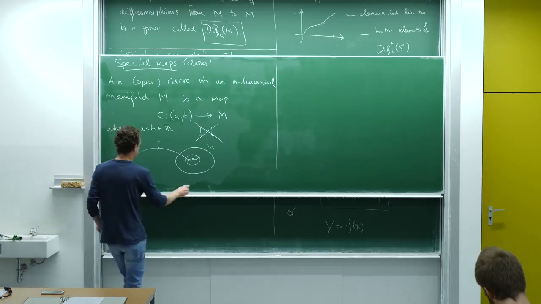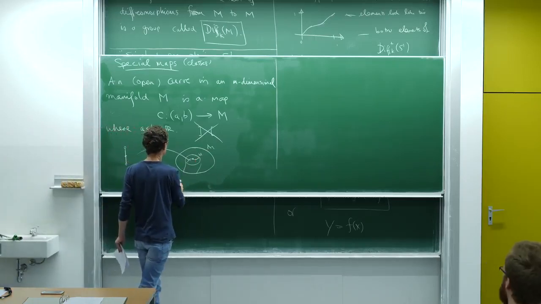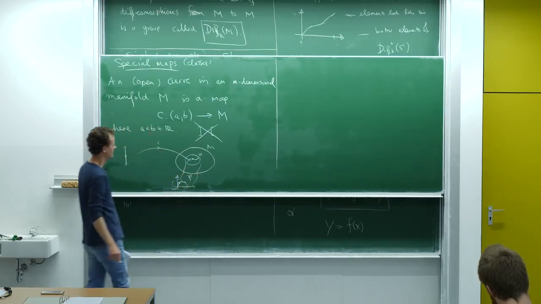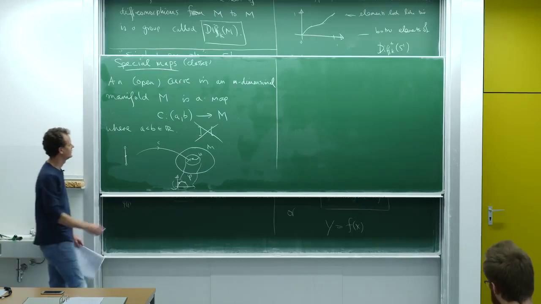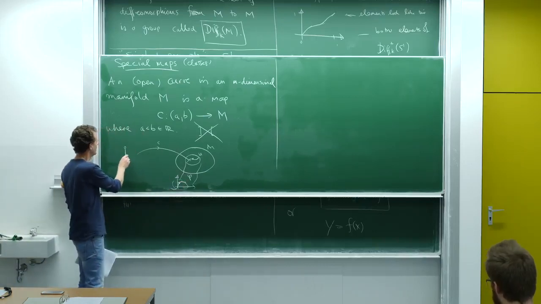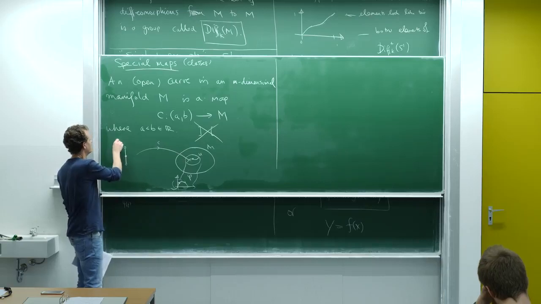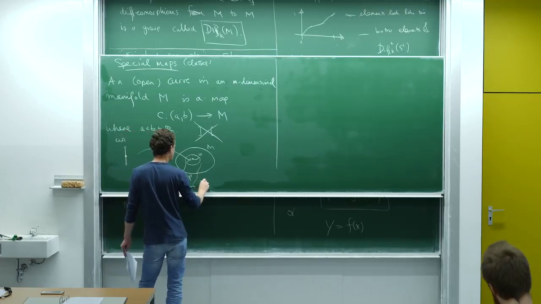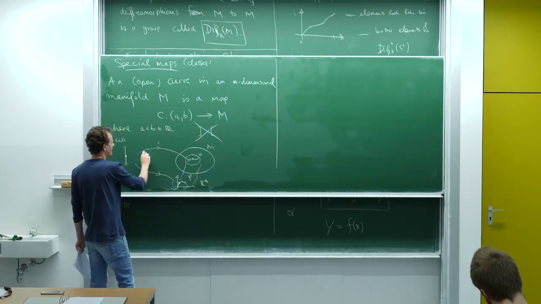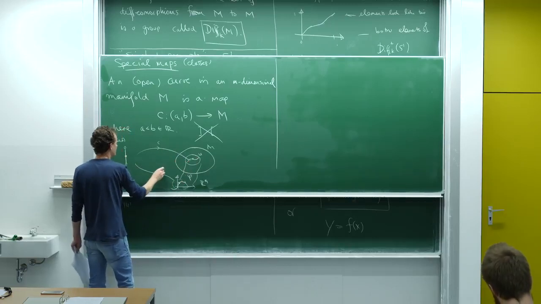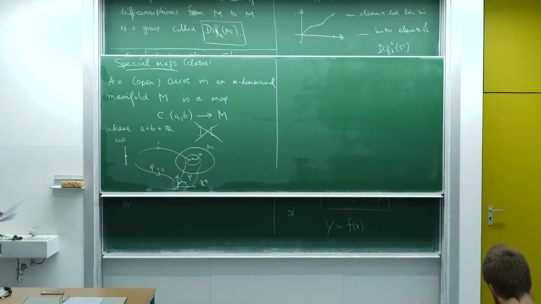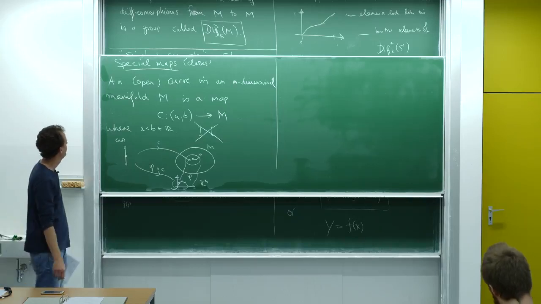So we choose a chart, that's U here, and in this chart the curve looks like that. You can follow these maps around and convince yourself that there must be a map that goes from this open interval AB directly to R to the M. And what's that map? Well, you first do C, then you do phi. So first do C, then phi. All right, that's a curve.